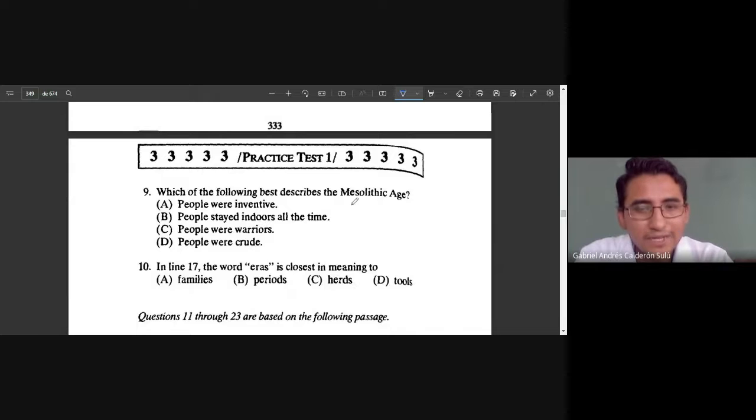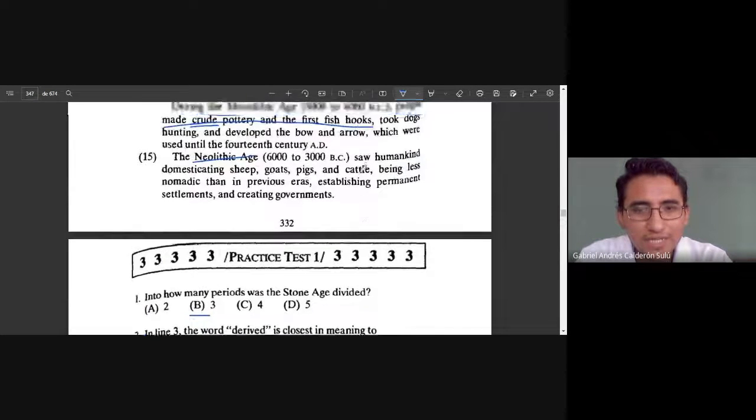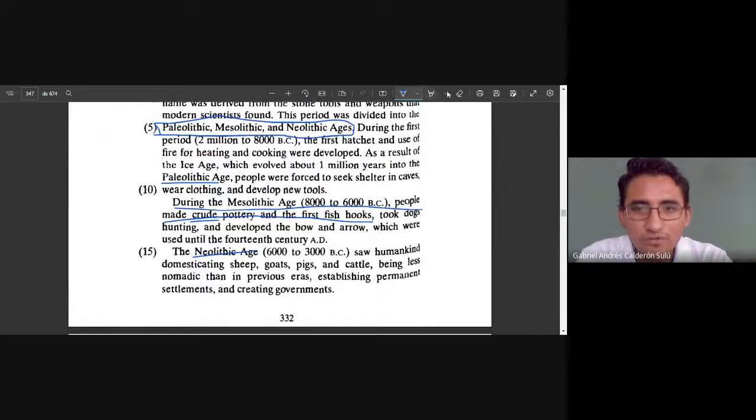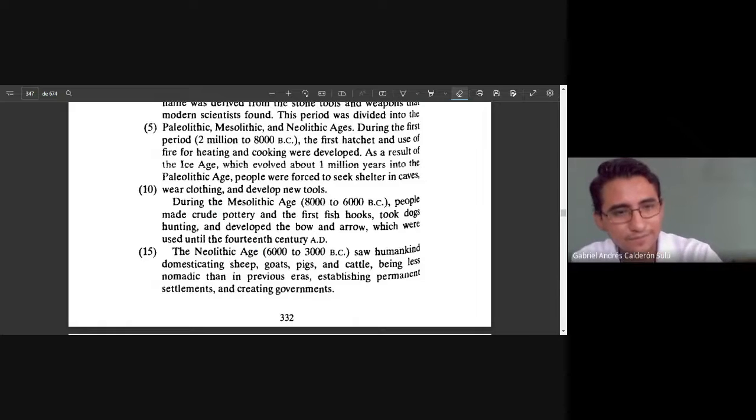Which of the following best describes the Mesolithic age? Again, you don't see the answers, and you focus on the paragraph about the Mesolithic age. Tell me, what are the characteristics of the Mesolithic age?